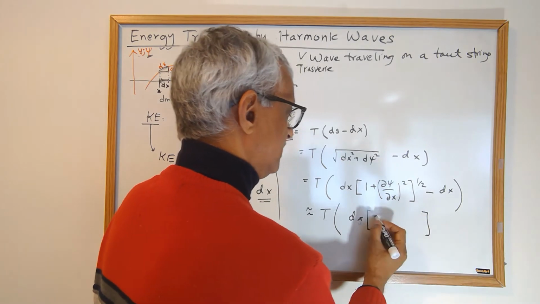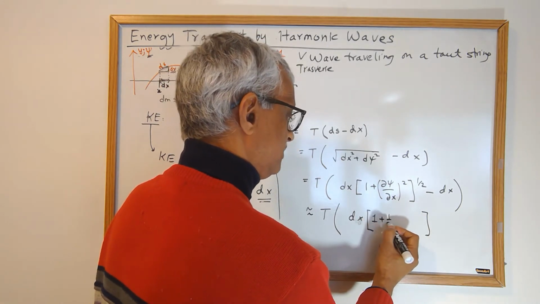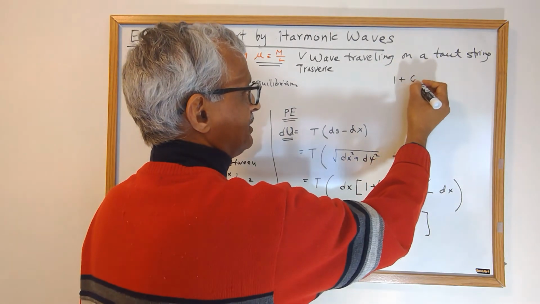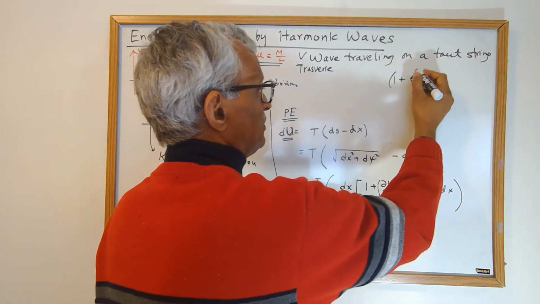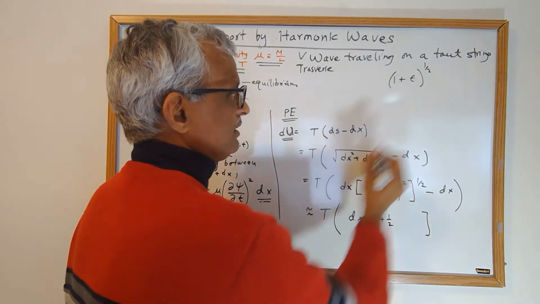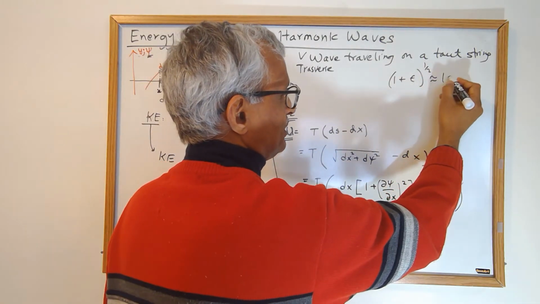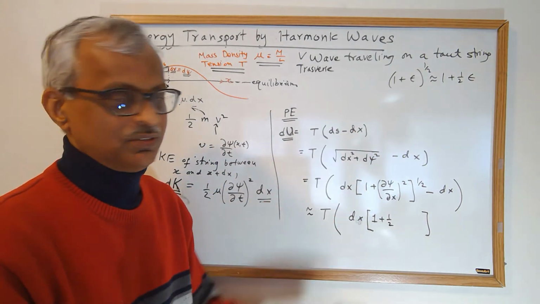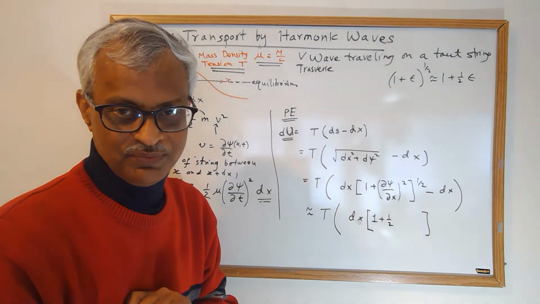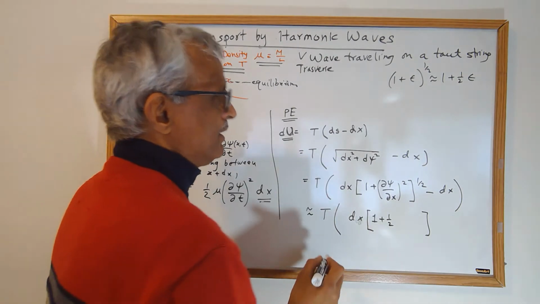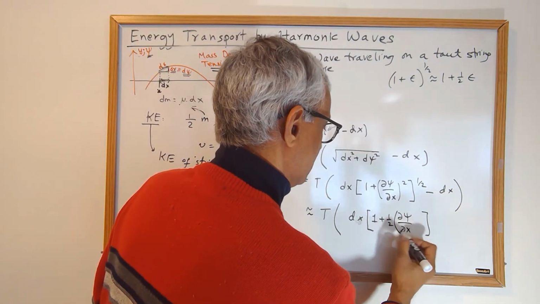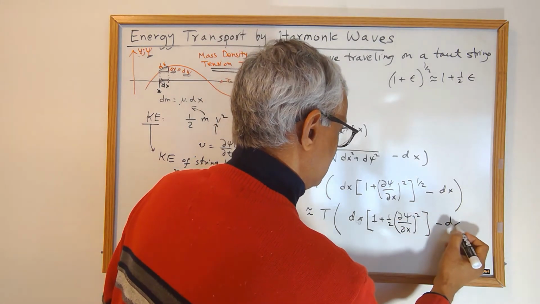Expanding the square root gives me 1 plus half. You can do a Maclaurin series. Suppose you have 1 plus epsilon to the power half, what will you get? Epsilon is small, so you're going to get 1 plus half epsilon. If you don't believe me, you can do the Maclaurin series and see if that's the case. All right, so half partial psi over partial x, squared, minus dx.